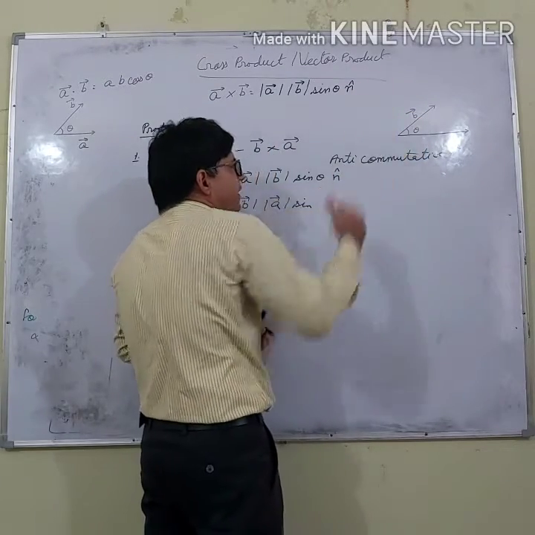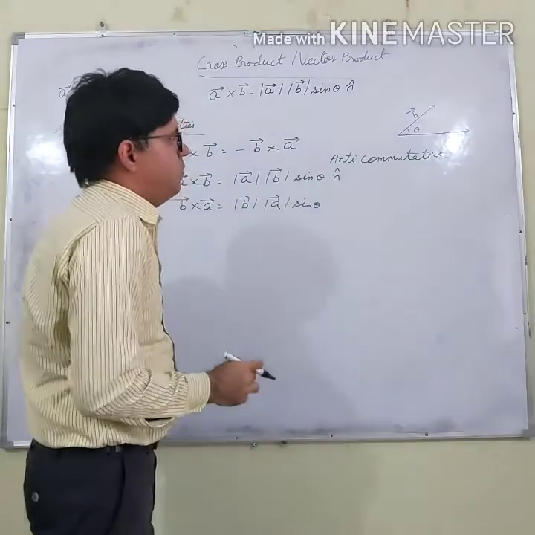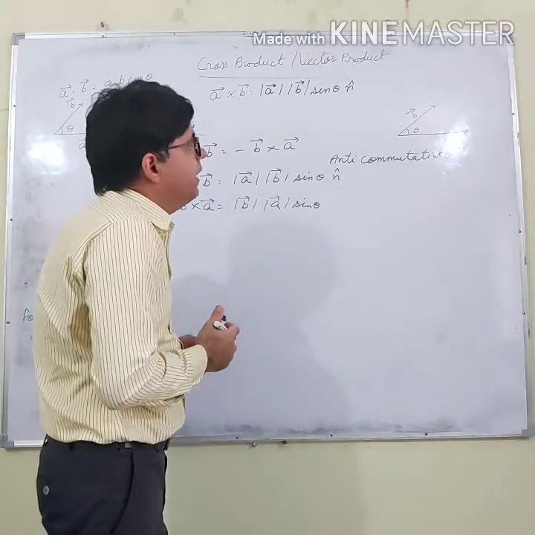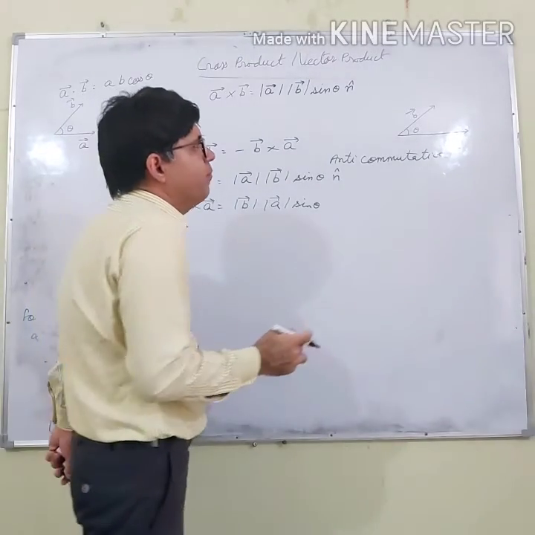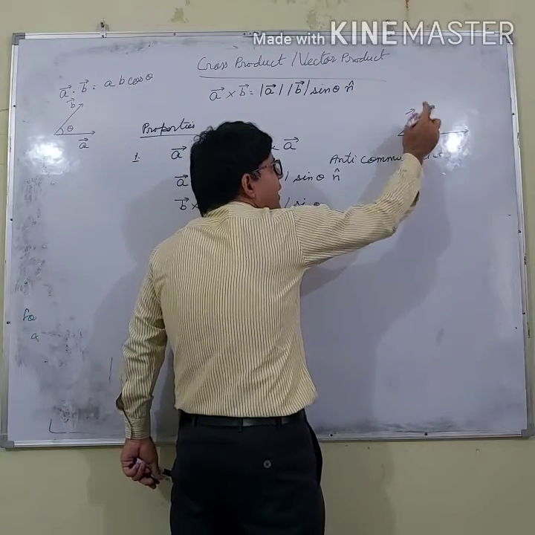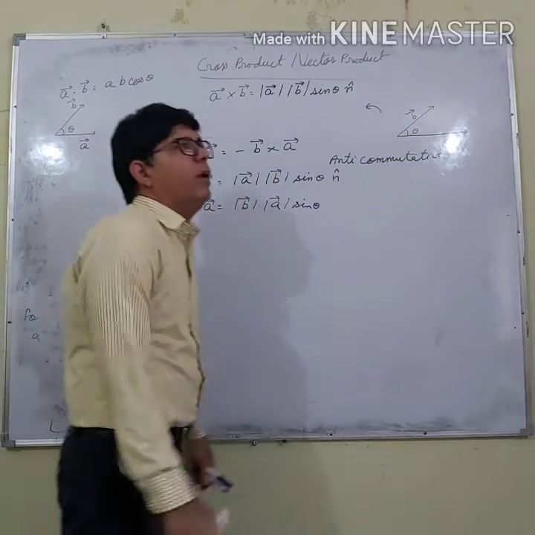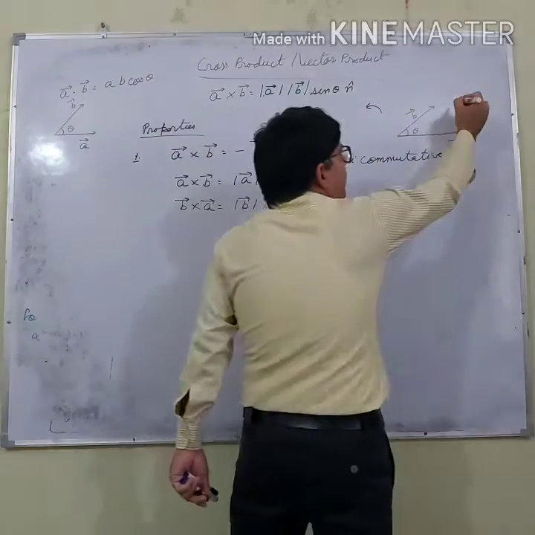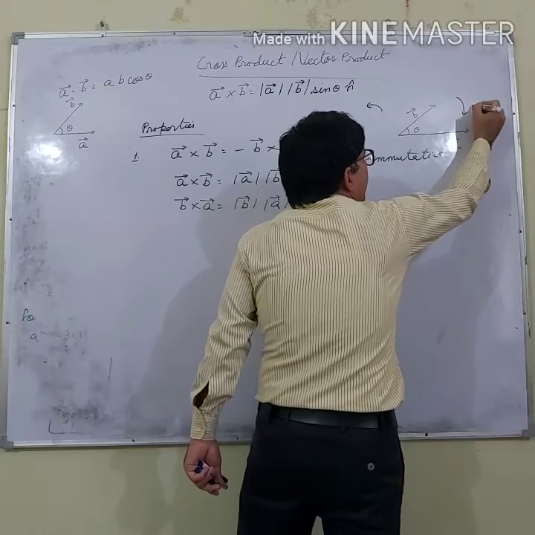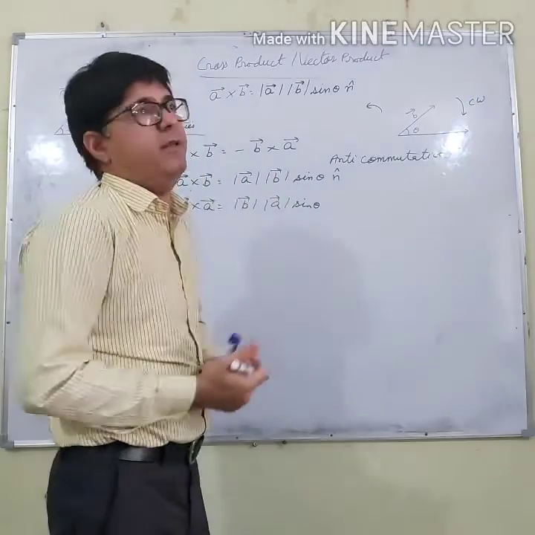Let us say theta is the angle between A and B. Going from A to B, it is anti-clockwise, whereas going from B to A, it is clockwise, and a clockwise angle is always negative.